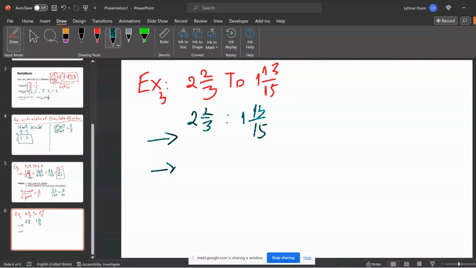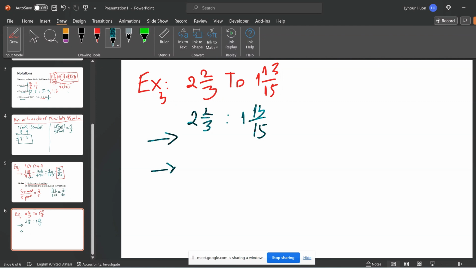No, right? So what should we do? Turn them into decimal numbers? Turn them into what? Fractions, yes.